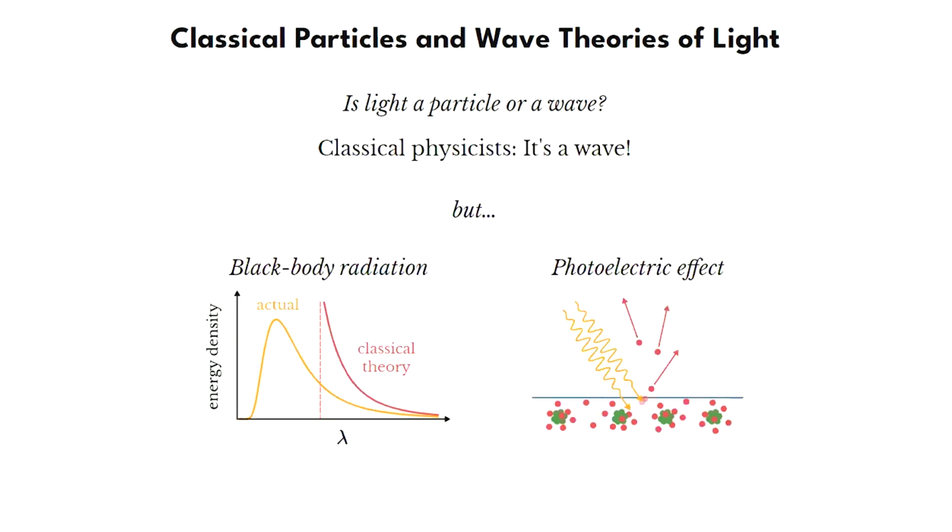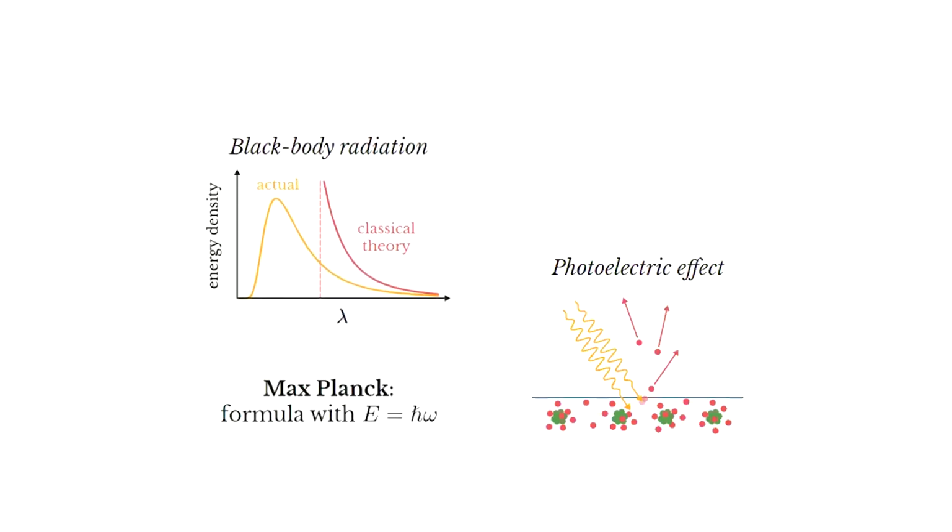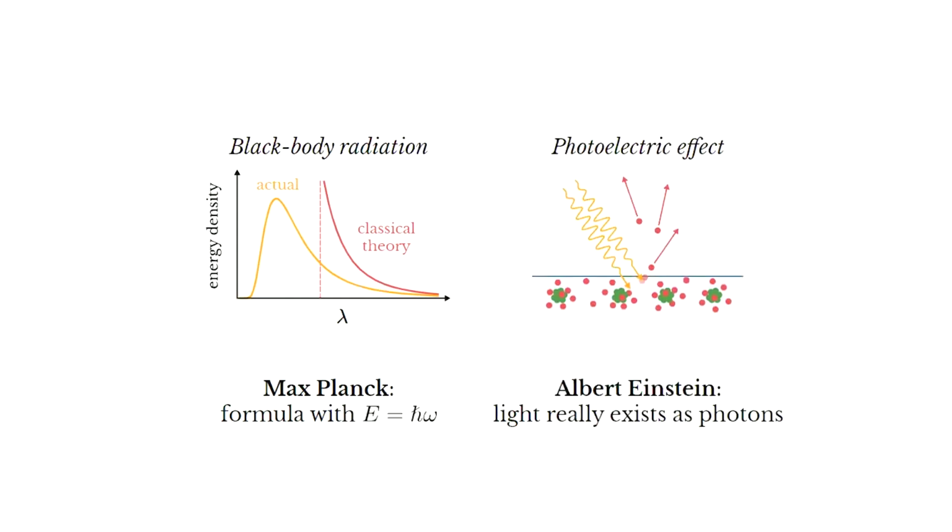To fit the theory to the experimental data, Max Planck proposed that maybe we should treat light, the radiation, as energy packets with well-defined frequencies omega. Then Einstein extended this idea by claiming that light is actually photons, and this tiny energy packet is a photon.